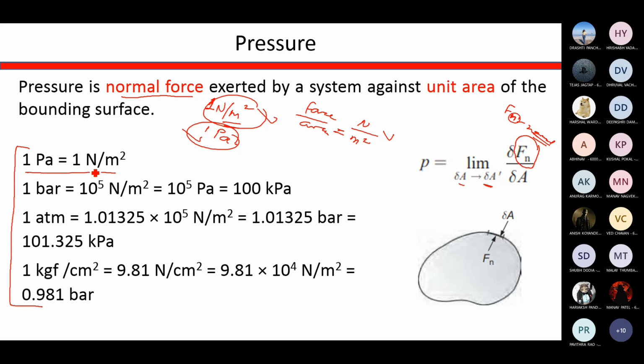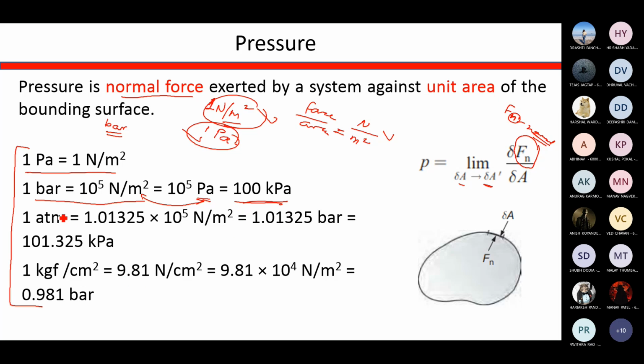Now there is one more unit for pressure, called a bar. So write down this relationship. 1 bar is equal to 10 raised to 5 Newton per meter square, is equal to 10 raised to 5 Pascal, because these two are one and the same, is also equal to 100 kilopascal.